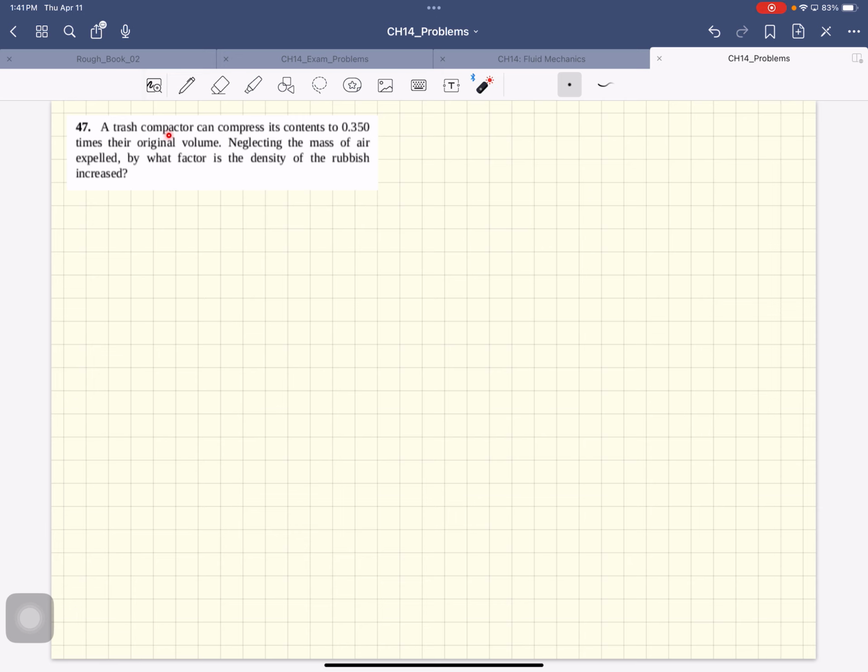A trash compactor can compress its contents to 0.35 times their original volume, neglecting the mass of air expelled. By what factor is the density of the rubbish increased? So density is mass over volume. Okay. So final density is mass over final volume.